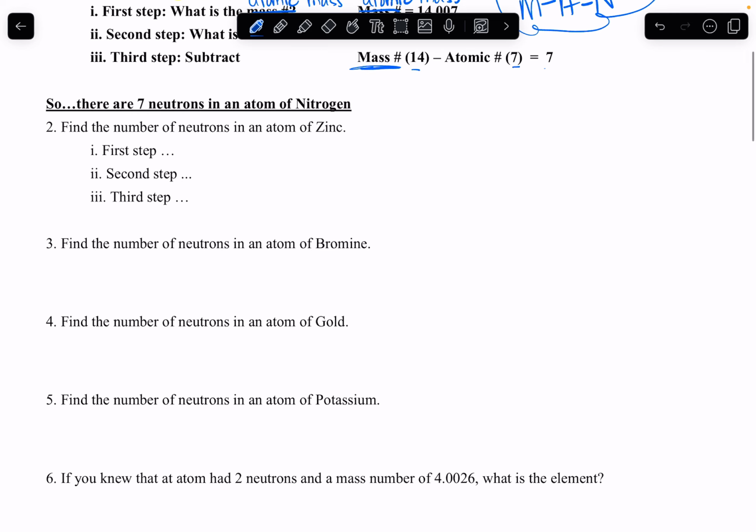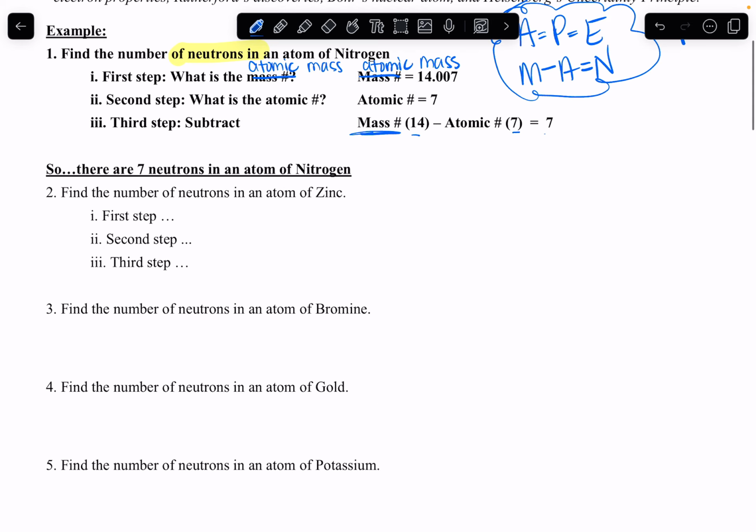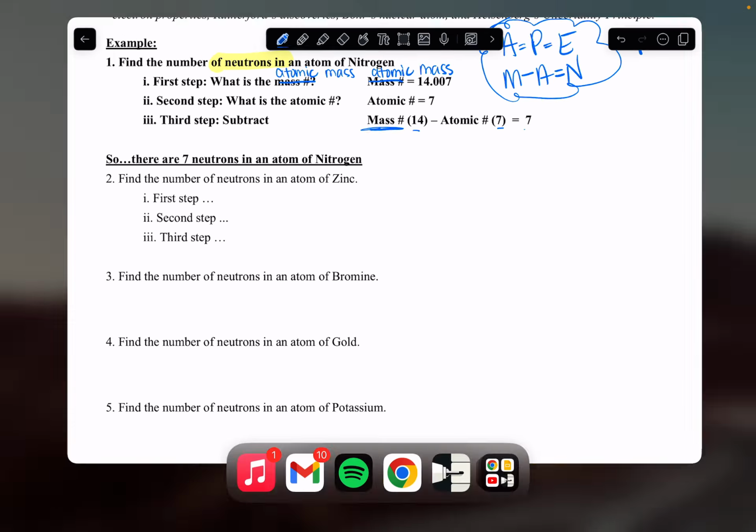All right, so number 2, it says find the number of neutrons in an atom of zinc. So my first step is to go find my atomic mass. I'm going to go find zinc first. Zinc, where's she at? Oh, there's zinc. Okay, my atomic number is 30, and my mass is 65.38.